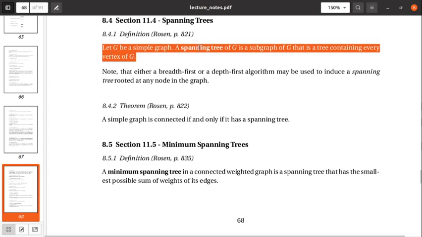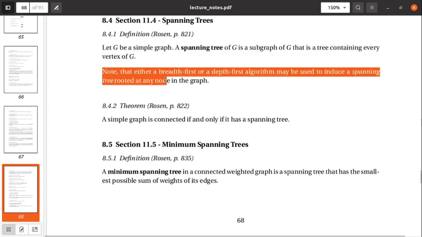There's no guarantee that whatever algorithm you have generates a unique spanning tree. But this just says that you've turned that simple graph into a tree without adding edges, but by removing enough edges to give it that tree property, the property that you have a unique path from any node A to B.